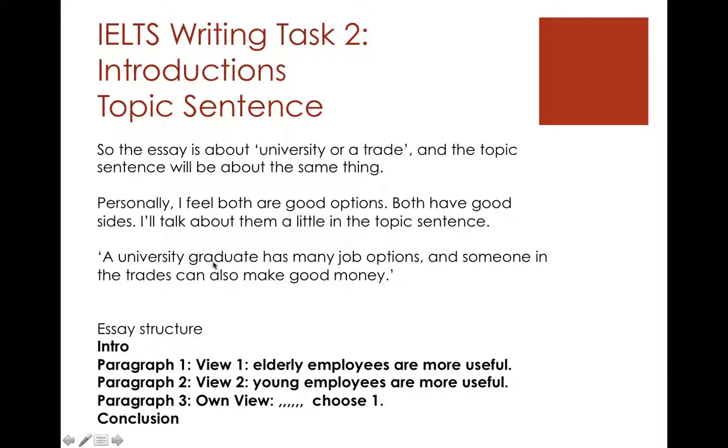A university graduate, so you finish university, has many job options, comma, and someone in the trades can also make good money. So here we have university here, and then we have trade here. So the topic sentence talks about our 2 main points.